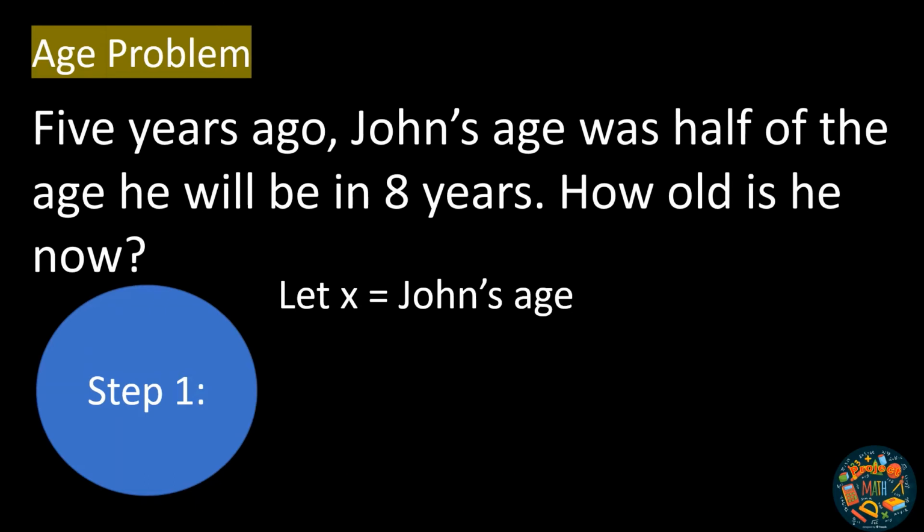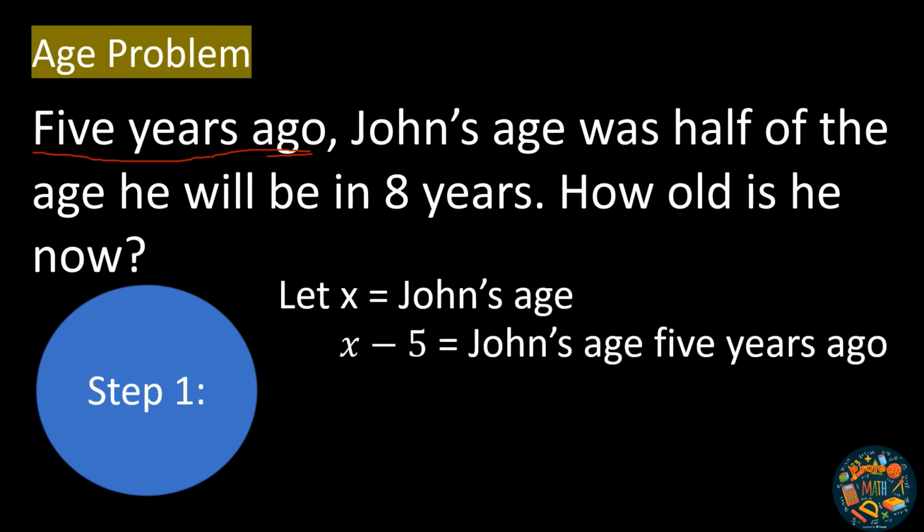From the first statement, we have 5 years ago. The word ago means subtraction. So from John's age, we subtract 5 years ago. So we have x minus 5 as John's age 5 years ago.